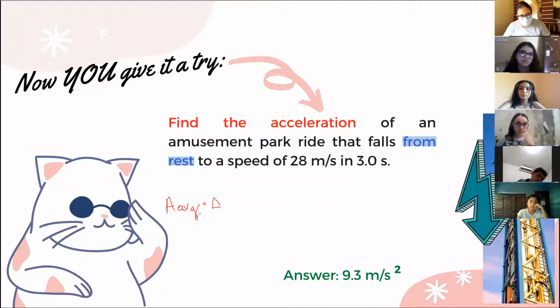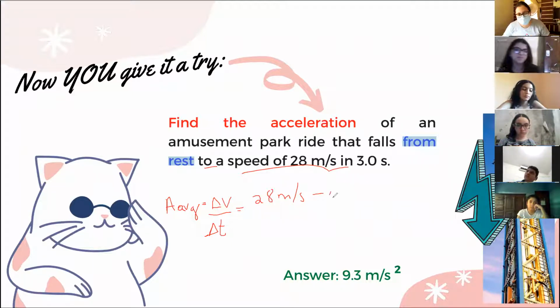Average acceleration is equal to delta V divided by delta T. In the change of velocity, the final velocity is 28 meters per second, minus the initial velocity, because it says from rest, minus 0 meters per second.